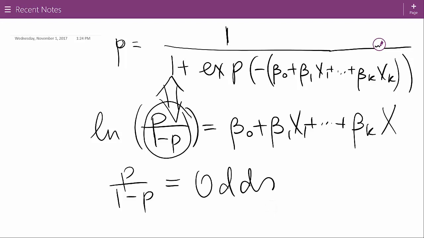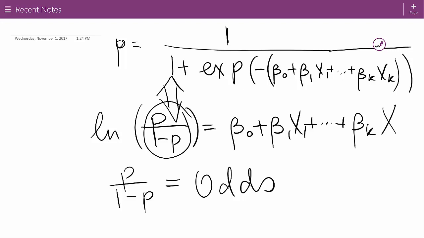And we said that odds and probability are interchangeable, right? I can say likelihood of certain event is 30%. That translates into the odds of 3 out of 7. If probability is 50%, that translates into the odds 1 out of 1. If the probability is 80%, that translates to the odds of 4 versus 1.